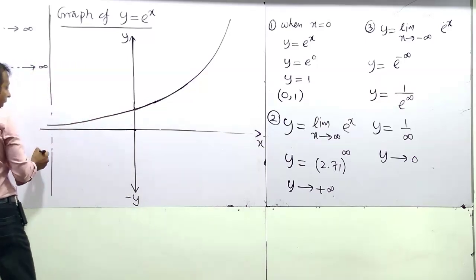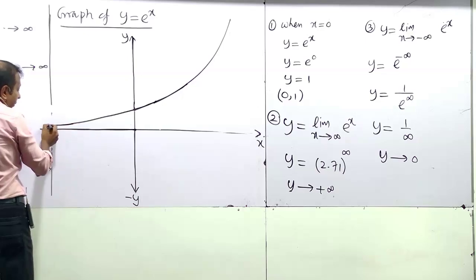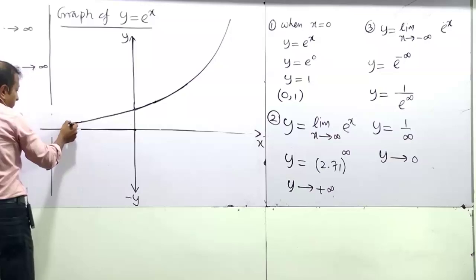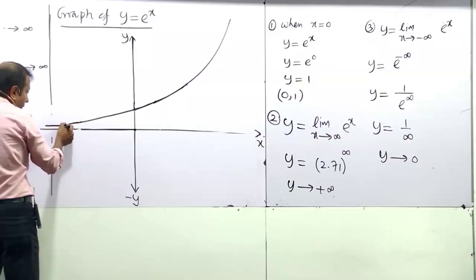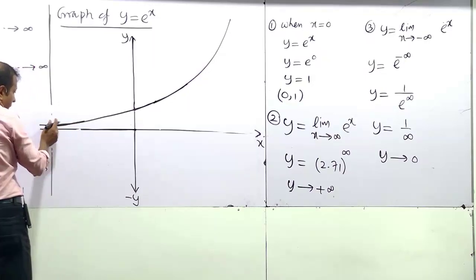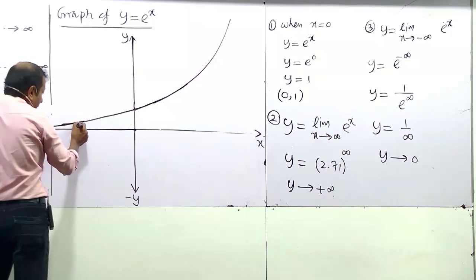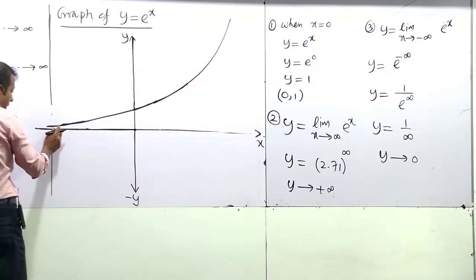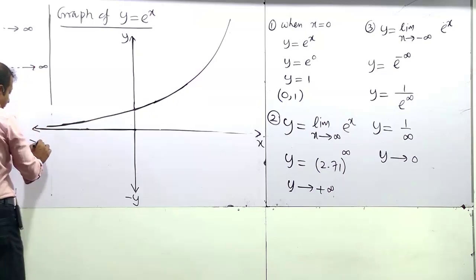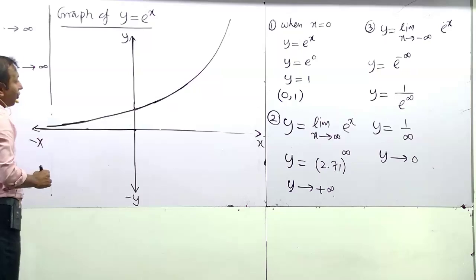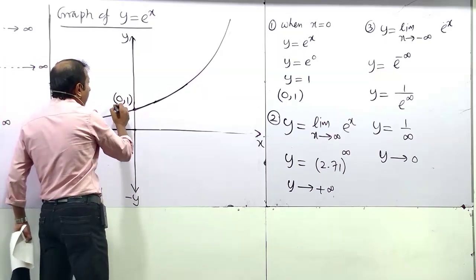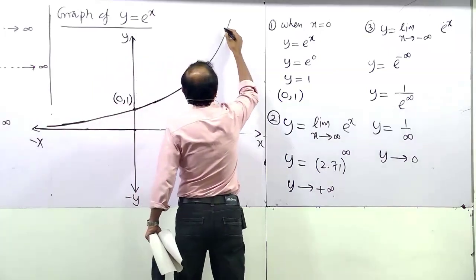You see, it never touches the negative x-axis, and it comes closer and closer to the negative x-axis like this here. You see, coming closer to the negative x-axis. Understand? It doesn't touch the x-axis, it's coming closer. This point is 0, 1. This is the y equals e^x graph.